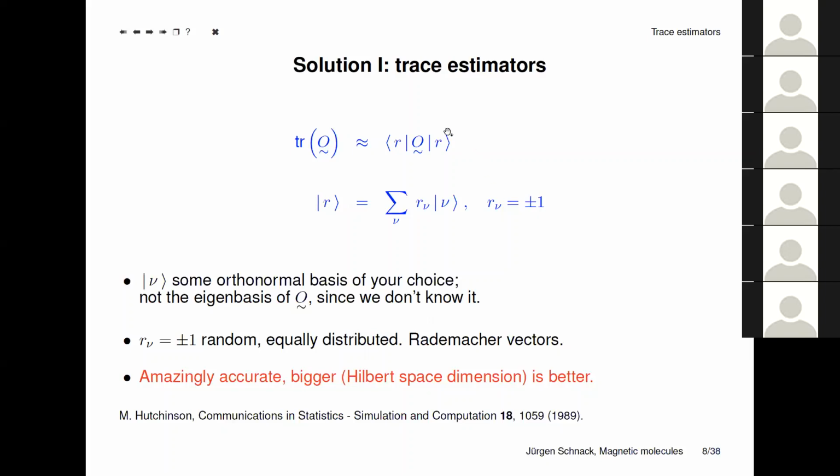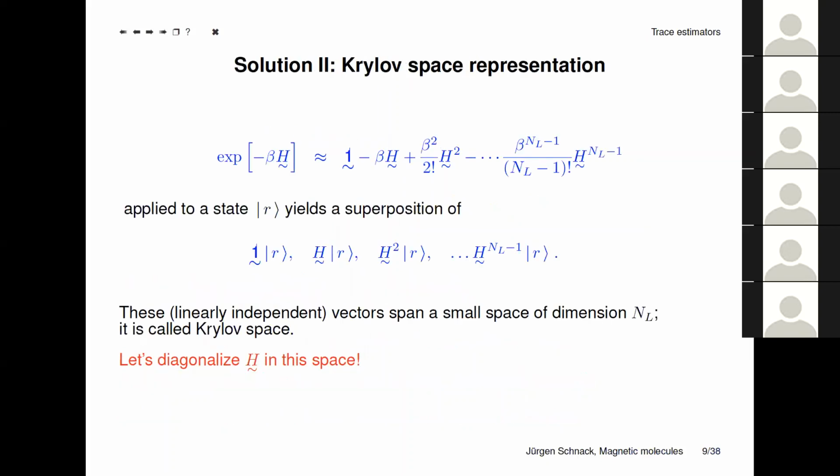And this approximation is astonishingly accurate, and it's better for bigger Hilbert space dimensions. So bigger is better. Usually bigger is not better if you think in terms of quantum problems, but here the accuracy is going to be better.